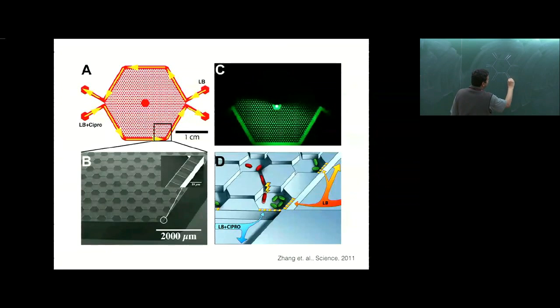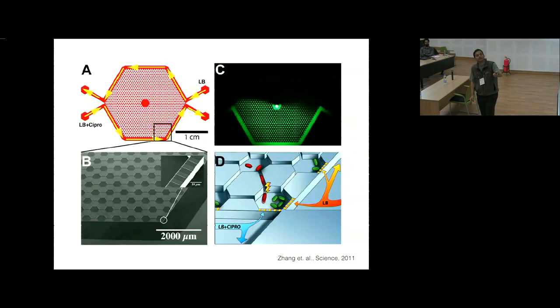And there are channels which connect different hexagons. Okay? So now each little thing is a subpopulation, and bacteria sitting in one of these can migrate to another through these channels. Right? So this is a metapopulation on a chip. So this is a small device, right?